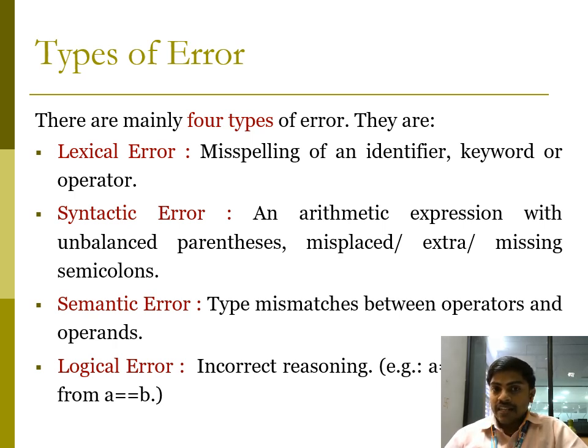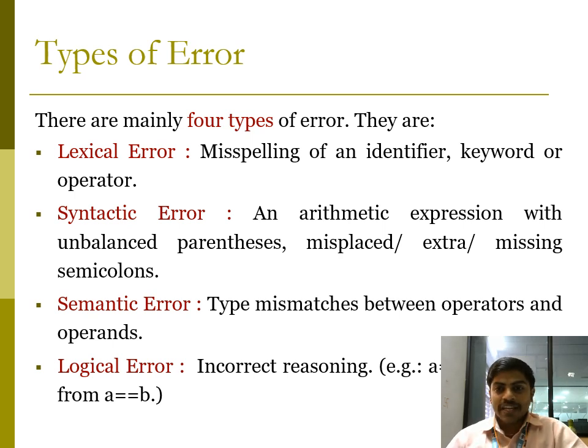Maybe the lexical error and syntactic error may not be present in the program, but the program might encounter a semantic error. There is a mismatch between the operators and operands, meaning that the C language has a plus operator, which can have only numerics as the operands, and cannot have strings as the operands. While the syntax is accepted by the compiler, the semantics or the logic is not acceptable to the compiler.